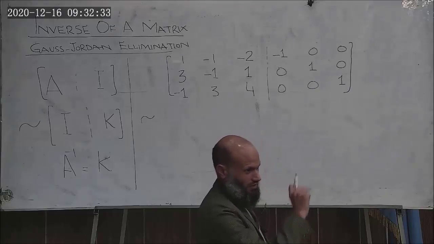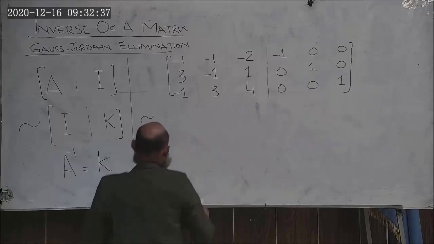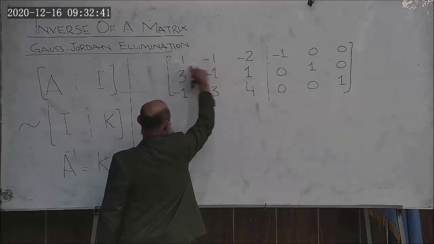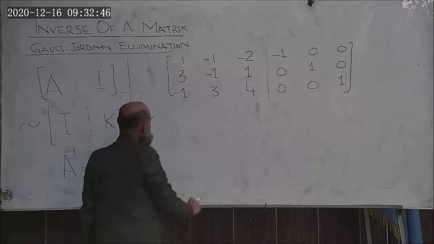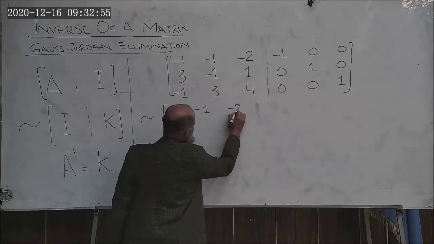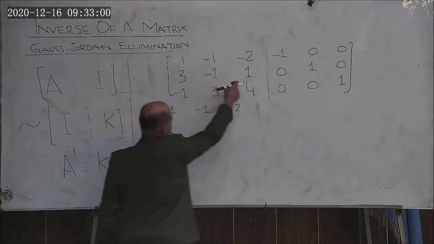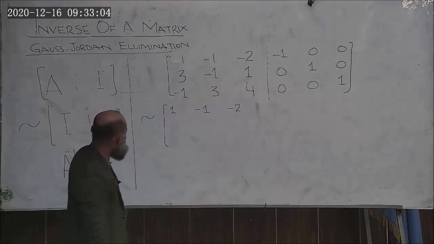So we have multiplied the first row by -1. Now we can add a scalar multiple of the first row to this third row, and another scalar multiple of the first row to this row. So what do you get then? Perform the operations to transform this matrix into the identity matrix. You can do that, so please do it.